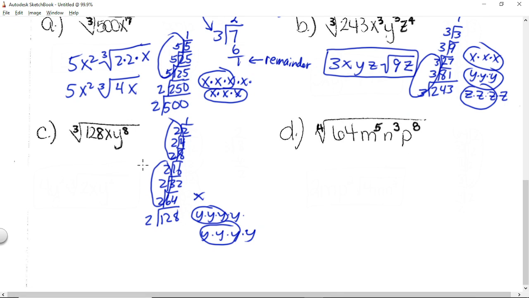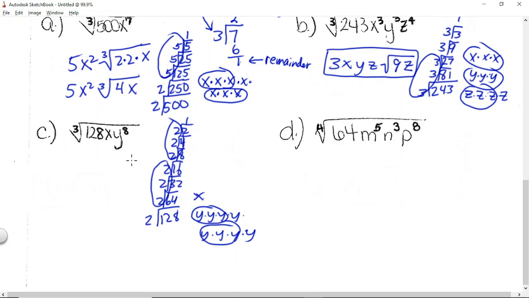So, what comes out of the radical? 2 of these 2's, because we have 2 groups of those. Okay, and then we'll bring out 2, but we know that 2 times 2 is 4.